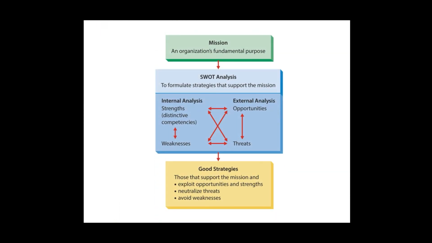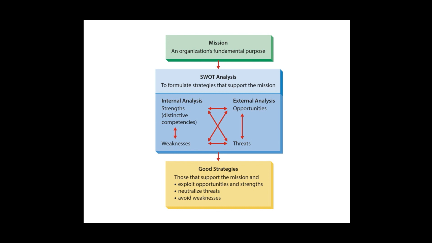And so as you look again at this diagram, perhaps you get a better idea after this short discussion what it means to do SWOT analysis, what it means to consider, first of all, the organization's mission, and then analyze as a company internally, where are you strong?